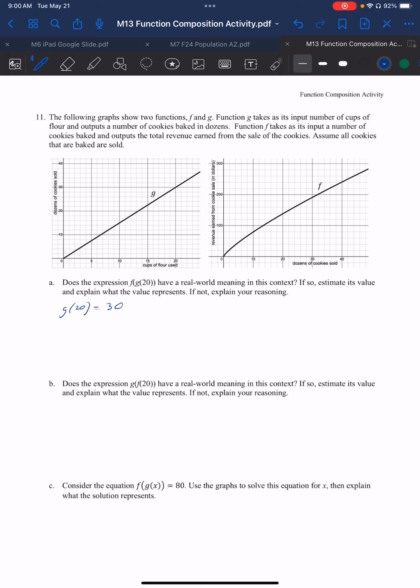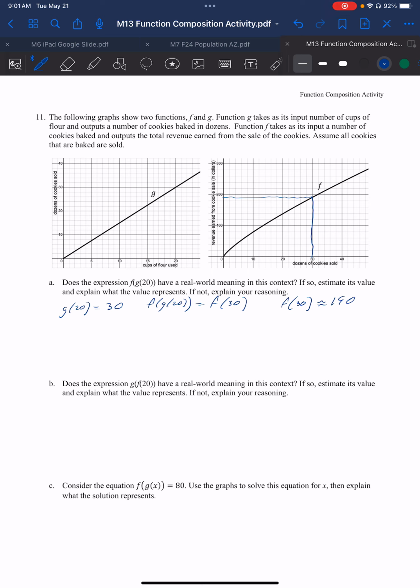And I see that f at g at 20 is the same thing as saying f at 30. And f at 30 is approximately equal to right here. So I'd say it's approximately equal to $190.